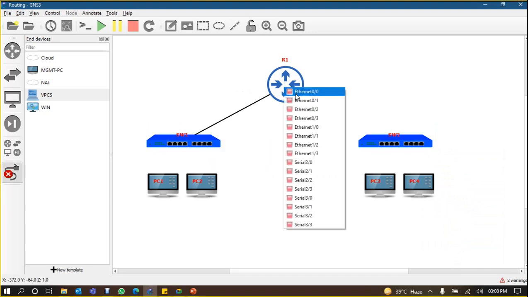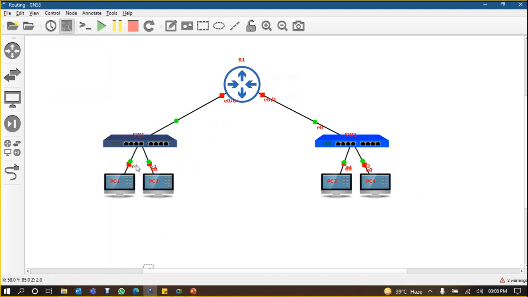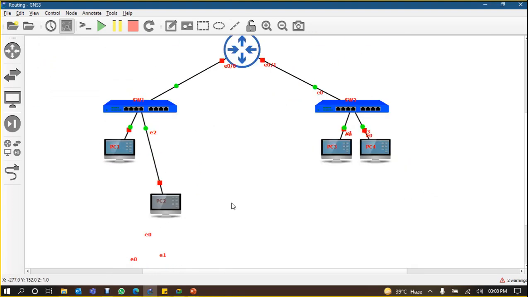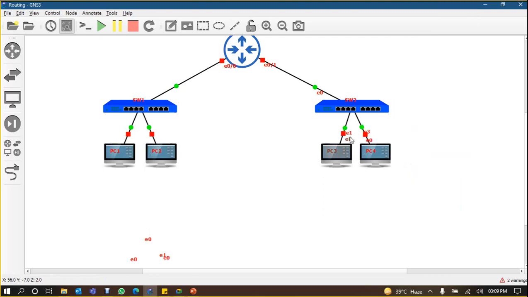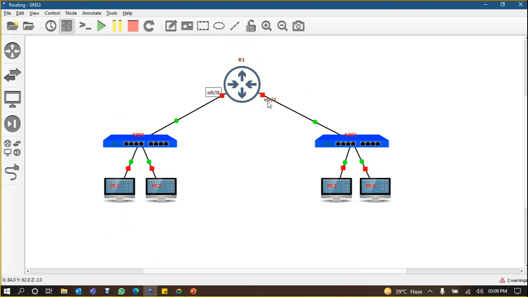Now the connectivity, Ethernet 1 to Ethernet. So here our lab is ready now.